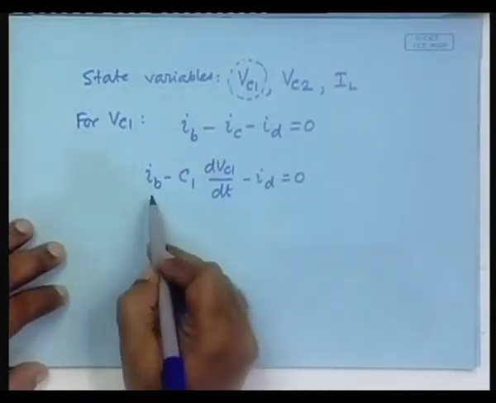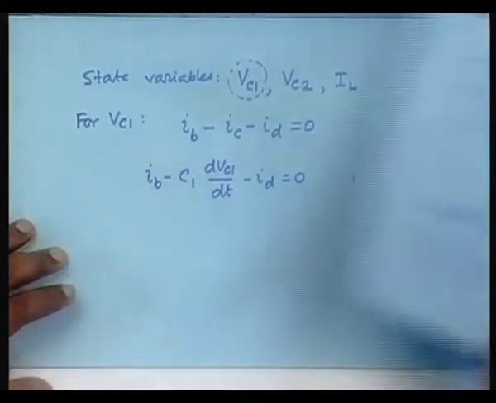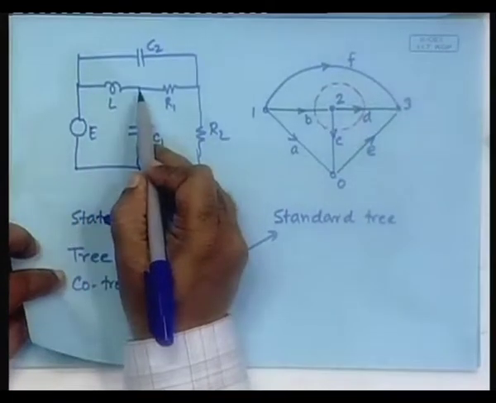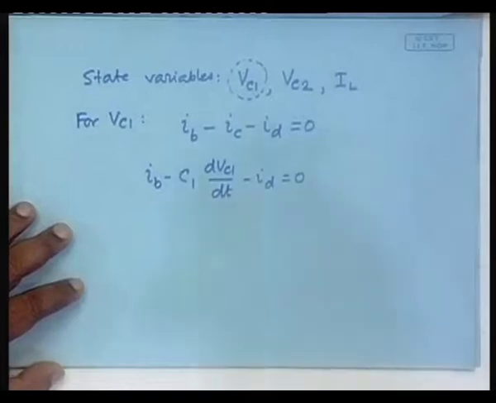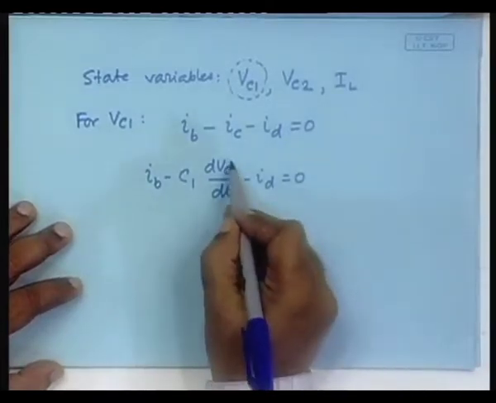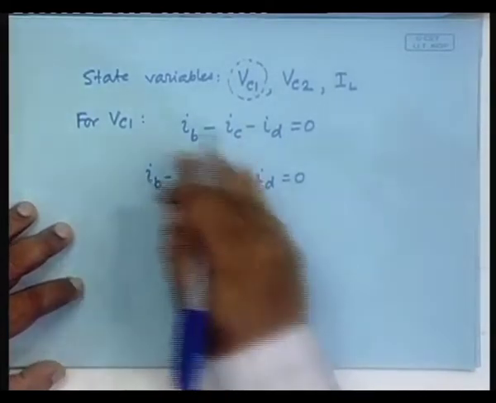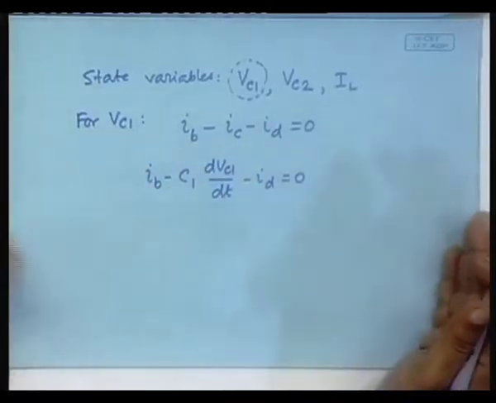Yes, IB is a state variable, here it is IL, which is a state variable. So, we are happy, we will write it down here, but first let us take this one to the left hand side and the rest on the right hand side, the way we write differential equations.